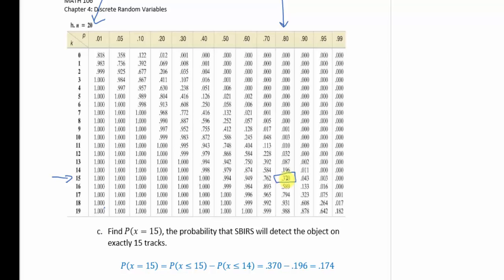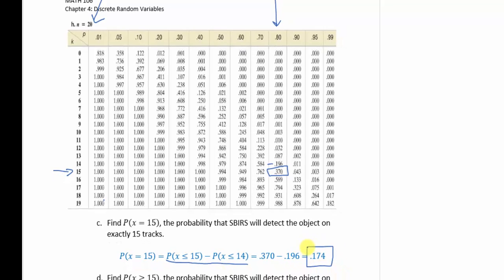We don't want everything smaller included, only row 15. So we'll need to subtract everything that's below. So we're subtracting 0.196. So the probability x less than or equal to 15 minus the probability of x less than or equal to 14 means 0.37 minus 0.196 gives us the final answer, 0.174.